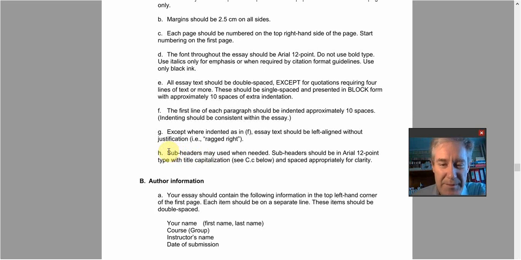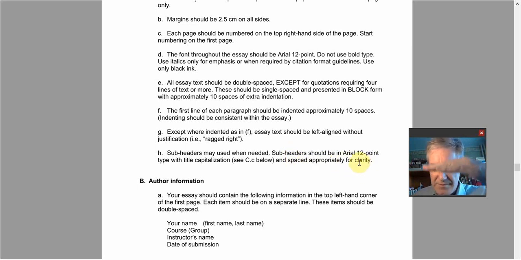Okay, subheaders may be used when needed. So this is if you have sections in your essay and you want to give each section a little title, you can do that. Our essays are fairly short in this class, so you probably won't need subheaders. Subheaders being kind of little titles inside the essay. If you do put these in your essay, the subheaders should be in Arial 12-point type with title capitalization, which will be described below in section C, and spaced appropriately for clarity.